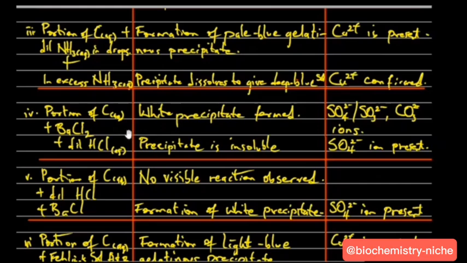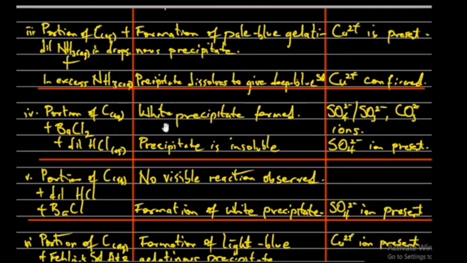There we tested the salt which was given with barium chloride and dilute HCl. When we added barium chloride, we got a white precipitate, and that told us that we could have SO4 2 minus, SO3 2 minus, and the rest of those. When we tested with dilute HCl, the precipitate was insoluble, confirming the presence of SO4 2 minus.